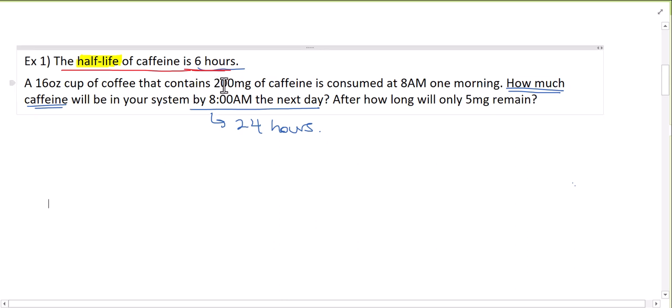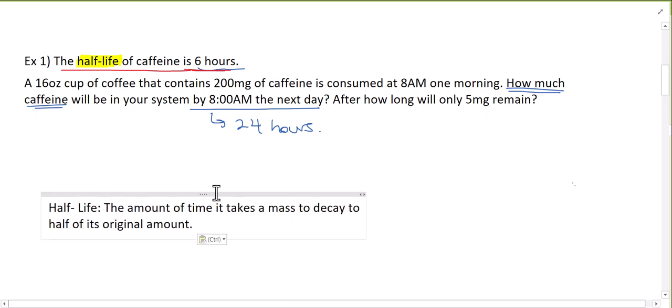You started with 200 milligrams at time 0, so after 6 hours you're going to have 100 milligrams. So let me write this as the definition of half-life: the amount of time it takes a mass to decay to half of its original amount. Half-life is time. It is a measure of time.